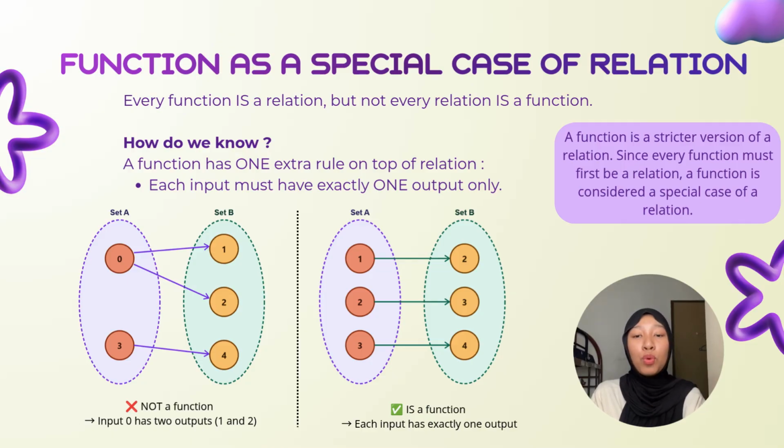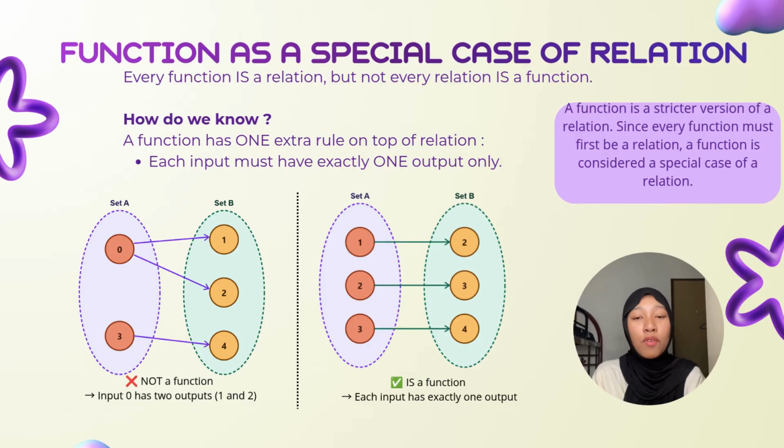Here, each input 1, 2, and 3 has exactly one arrow, pointing to exactly one output. This satisfies the function rule, so this relation is a function. The key takeaway here is that a function is a stricter version of a relation, since every function must first be a relation, so a function is considered a special case of a relation.